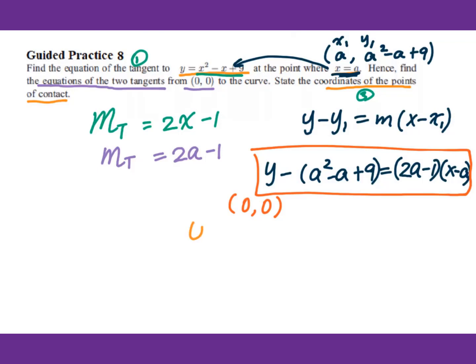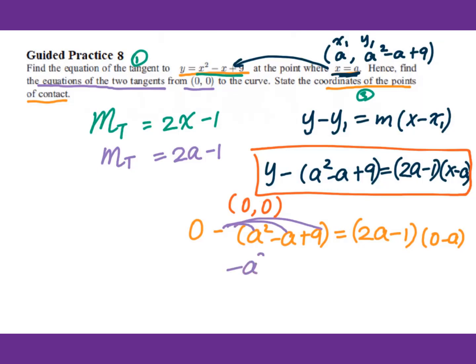You will get 0 minus (a squared minus a plus 9) equals (2a minus 1) times (0 minus a). Now we need to organize. We do the distributive property. Negative a squared plus a minus 9 equals, this is negative a, so distributive property, negative 2a squared plus a.